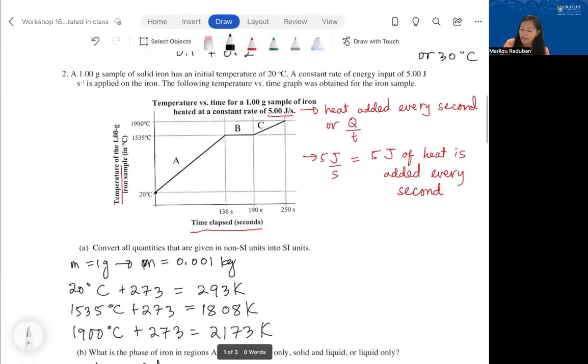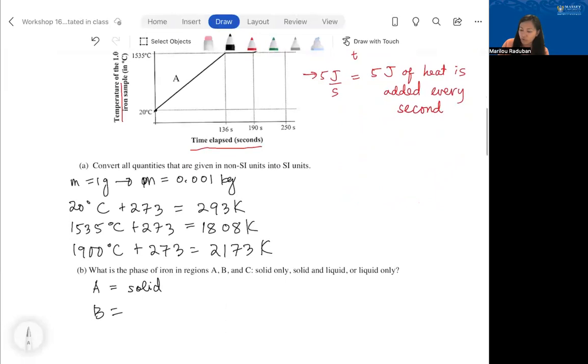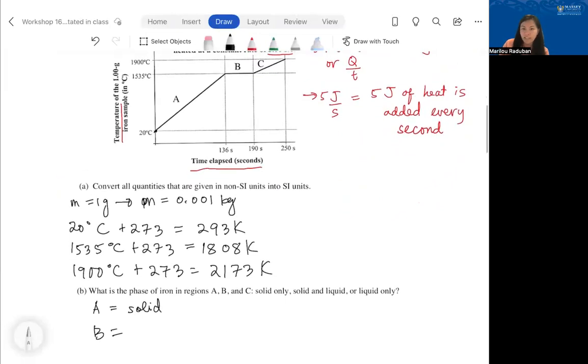Both, right? Because when an object is undergoing phase change, two phases exist at the same time, and therefore temperature will not change, because any heat added to the object will go into the phase change. So it's both solid and liquid.